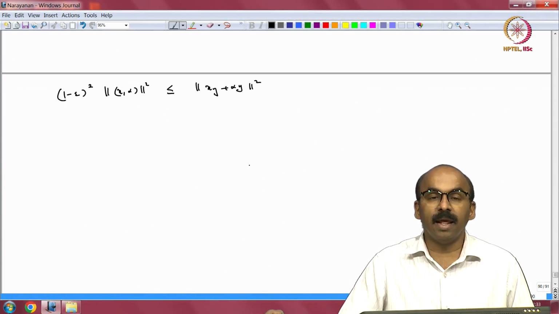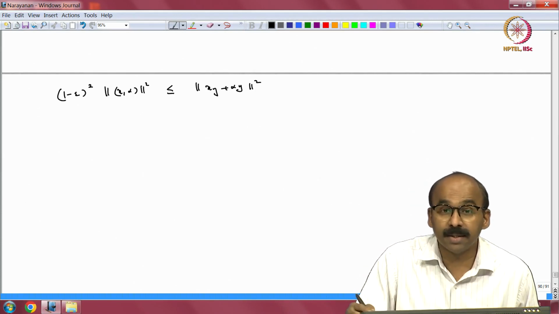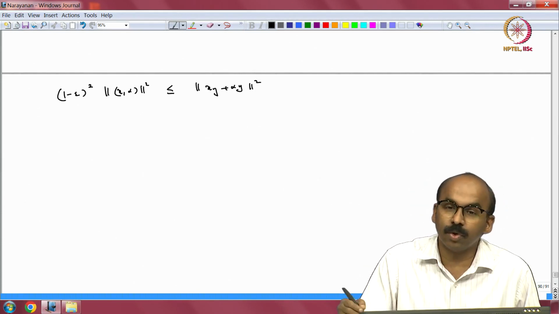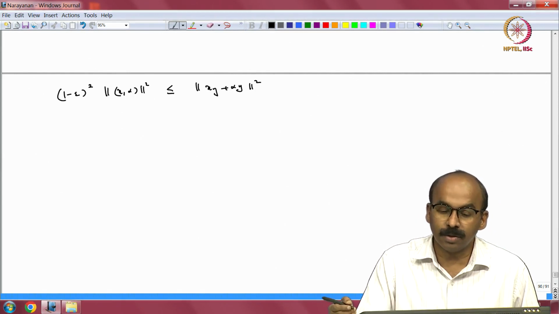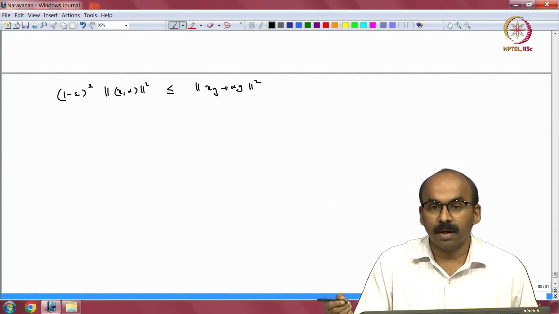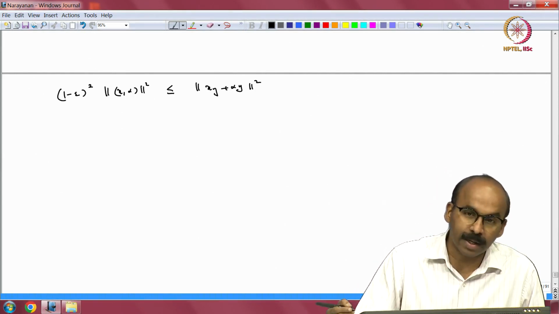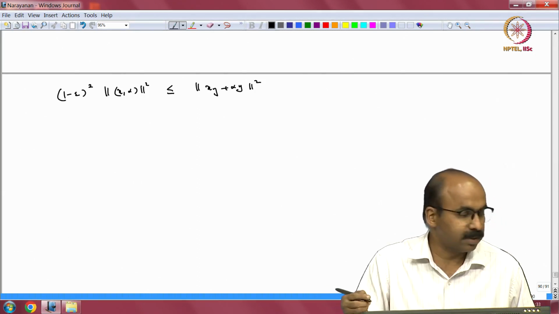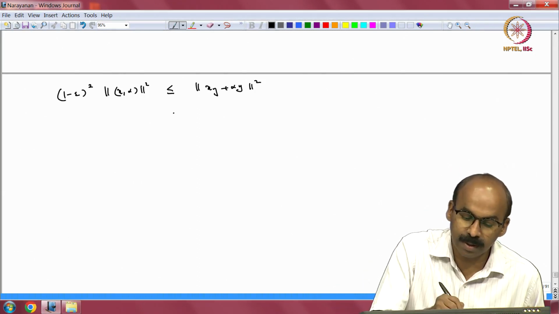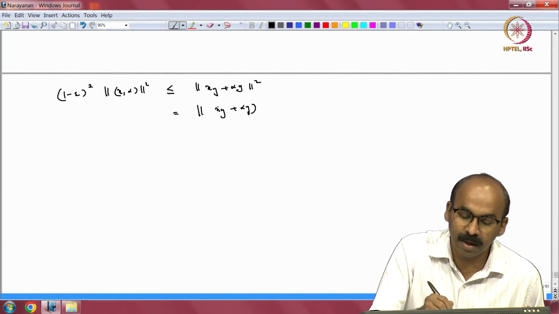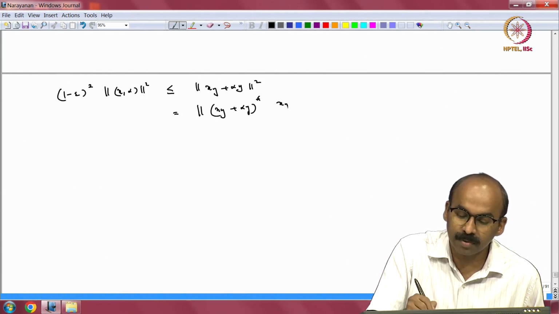The norm here is in A, and A is a C-star algebra. So, I have the square of some element, and that is the norm of the corresponding self adjoint element. You look at a term like x star x. So, this is nothing but the norm of (x y plus alpha y) star times (x y plus alpha y).